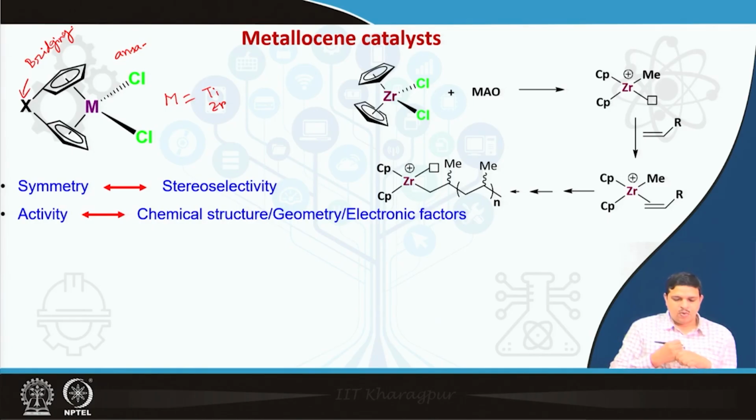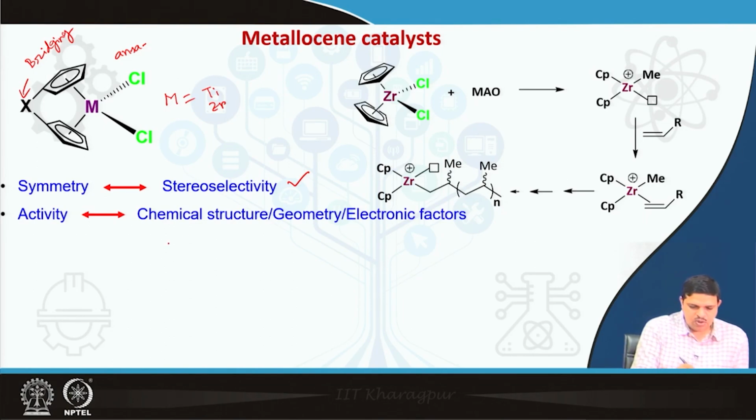So we now have a very good concept about the metallocene catalysts, and we have learned how the symmetry is related with the stereoselectivity, which is the main beauty of this kind of metallocene catalyst. Depending upon the symmetry of the metallocene initiator, you will get the respective tacticity in the polymers.